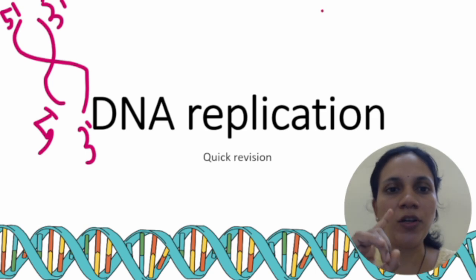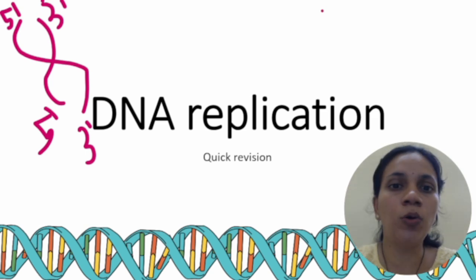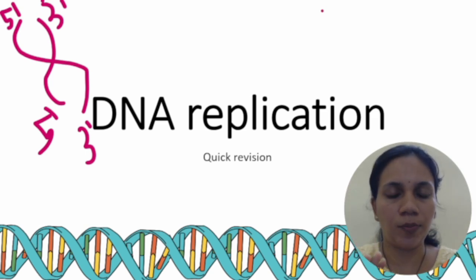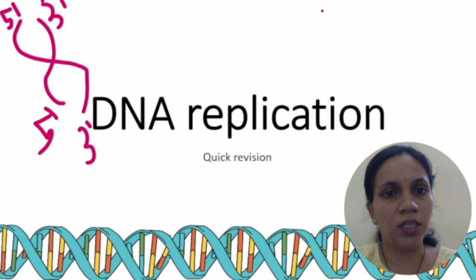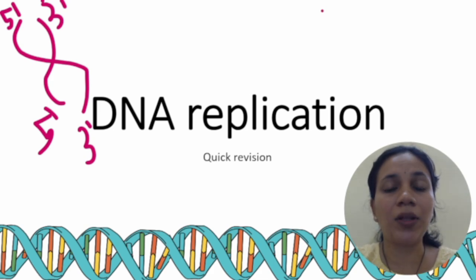So this is point one that you have to remember throughout this process: DNA has two strands with different polarities going in opposite directions. That means this process will be happening simultaneously in both directions.